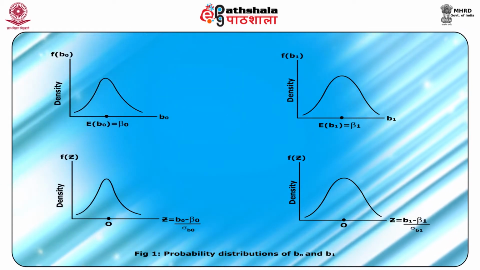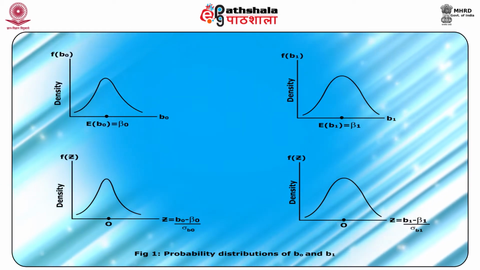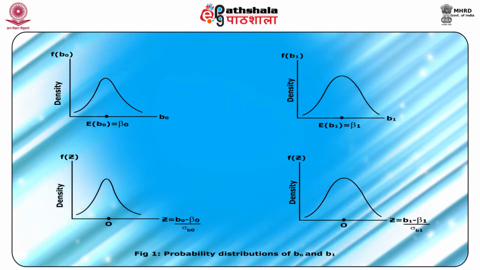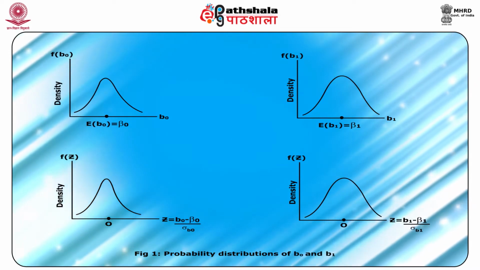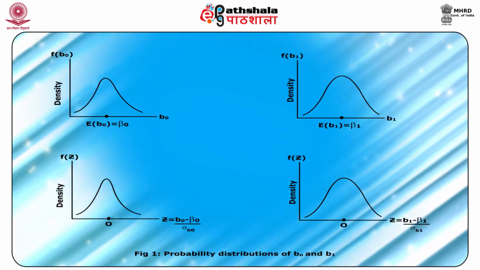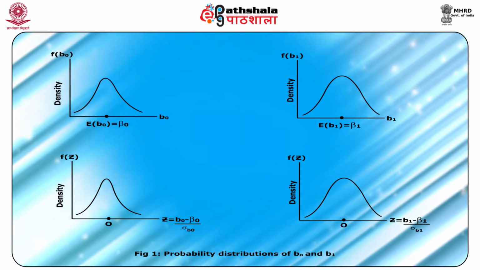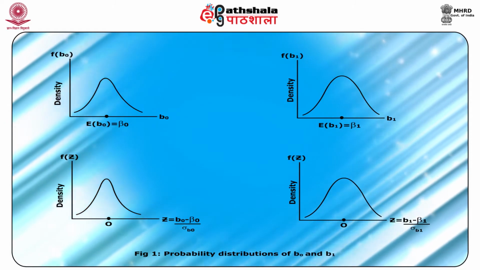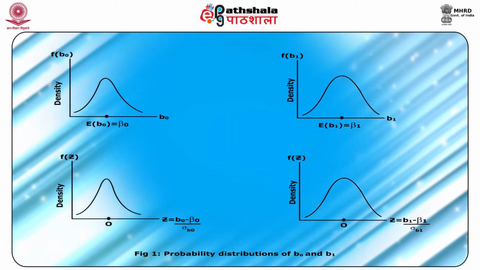These can be represented in graphs: in figure 1 we have the distribution of B1 and the distribution of B0, and similarly the distribution of a standard normal variate z for B0 and z for B1.